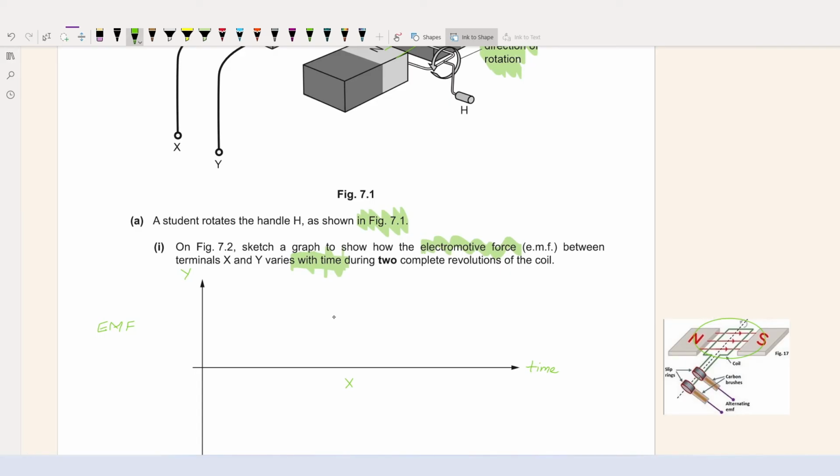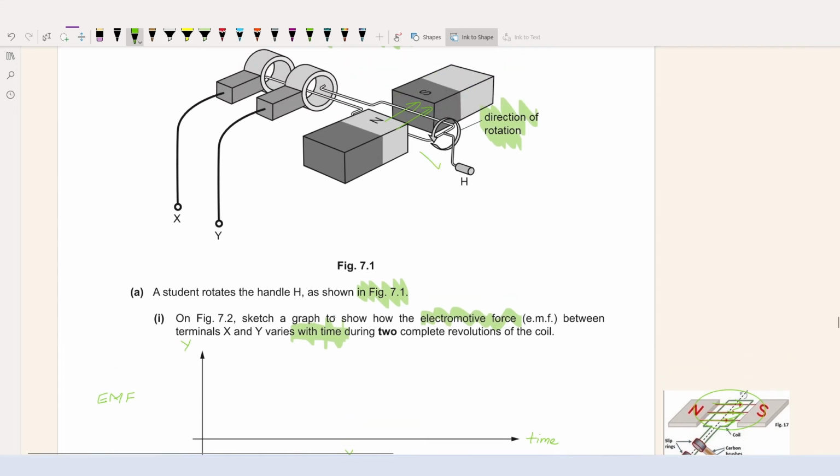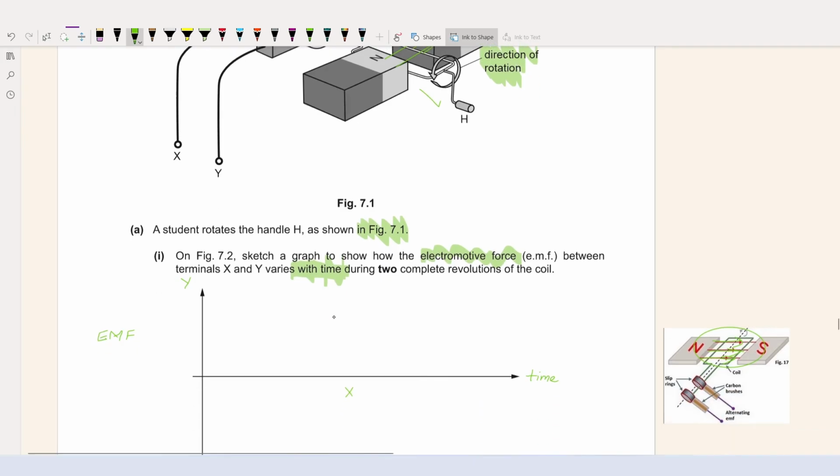You can see this coil is parallel to the field lines. At this point, all the field lines are cut and the EMF is the highest. So we have to draw a sinusoidal graph. The initial position of the coil is horizontal, so the graph will start from 1.